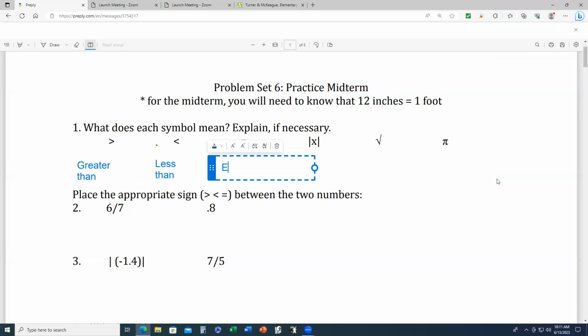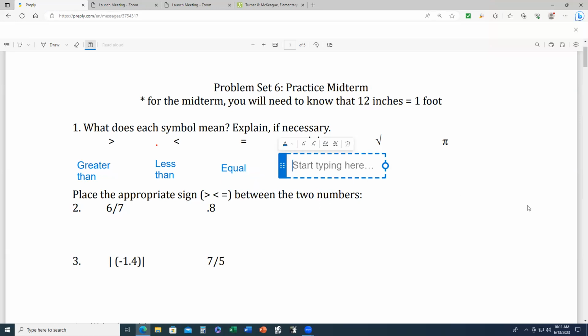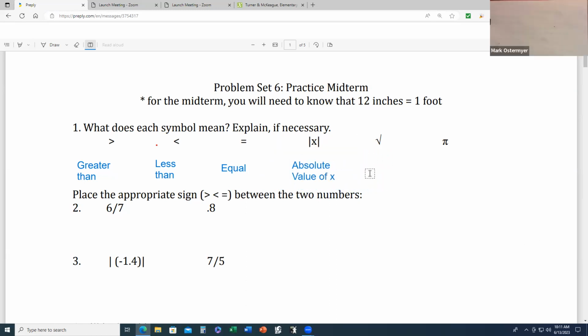The next one is the absolute value of X. When you take the absolute value of a number, it reports the positive distance.